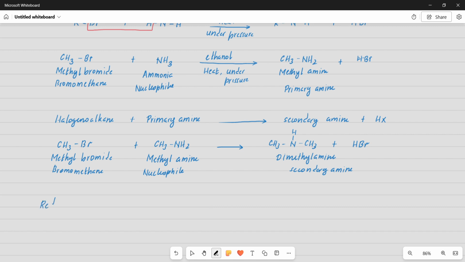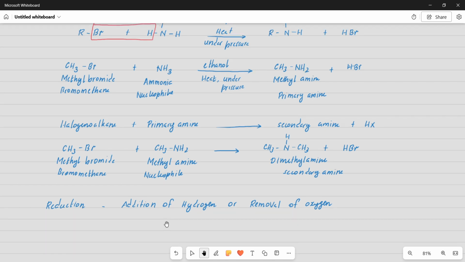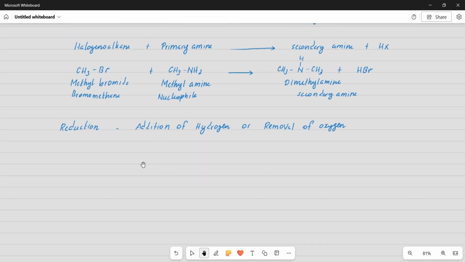The next one is reduction. Reduction means addition of hydrogen or removal of oxygen. So we are going to take two different compounds to reduce. The first one is amides.